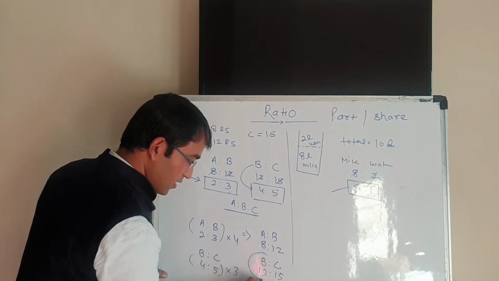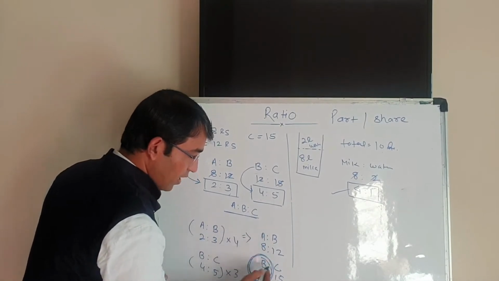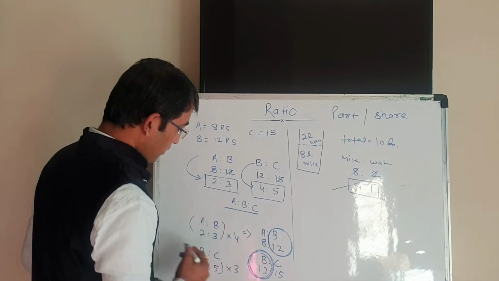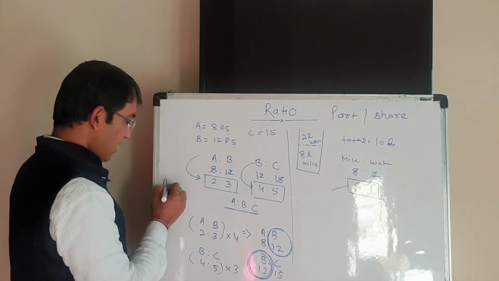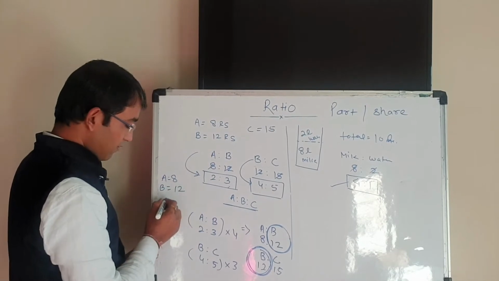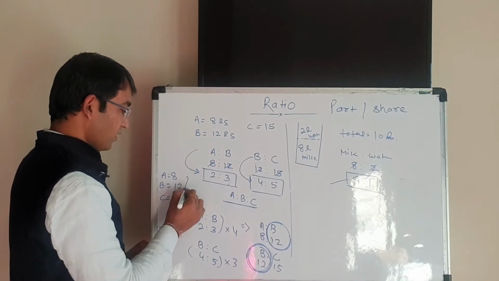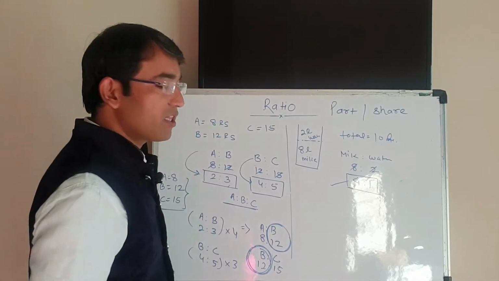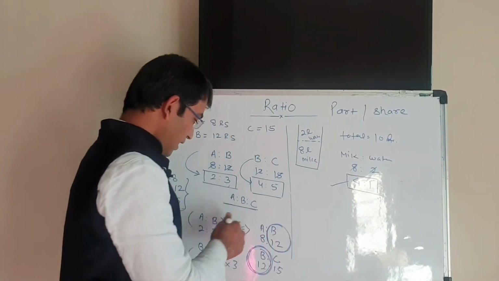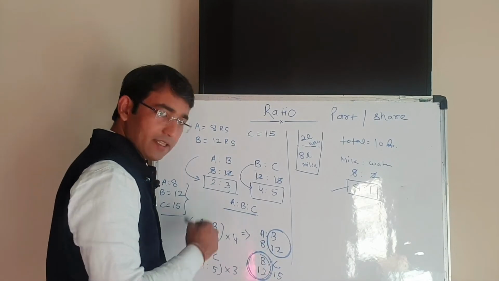So you can see that the value of B is 12 here and the value of B is 12 here. So we get the value A is equal to 8, B is equal to 12 and C is equal to 15. So have a look at another method, and this method will be easier than this, but we have to understand the concept.